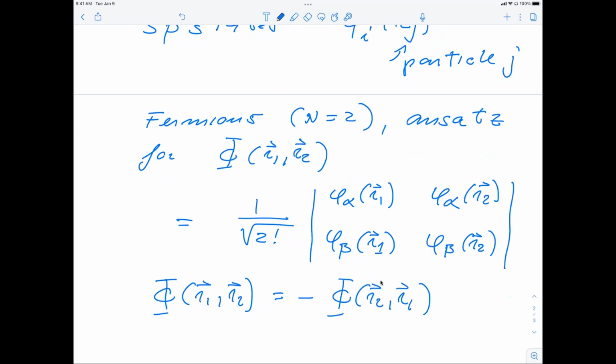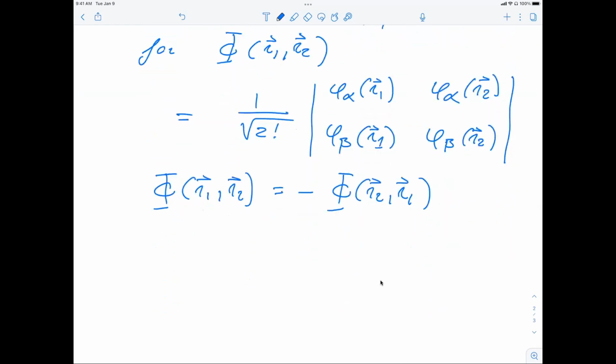And you know that when you switch two columns in a determinant, that gives rise to a minus sign. Any questions? Feel free, guys, to ask questions here. So I'm just putting up definitions here.